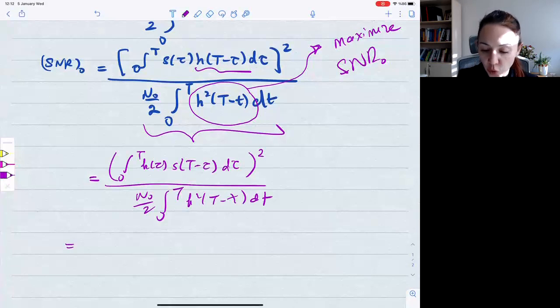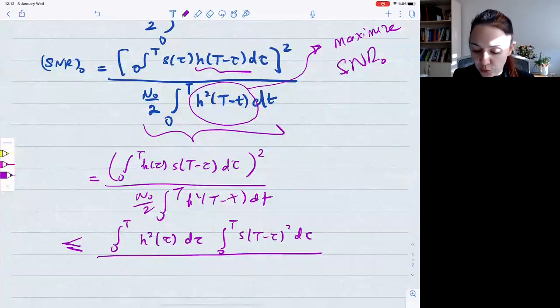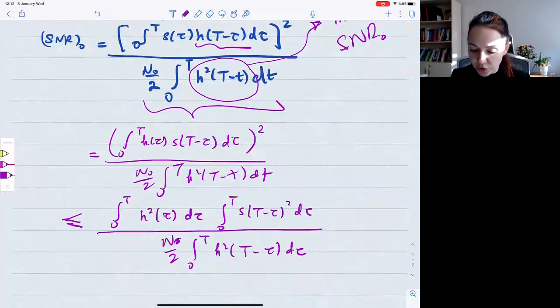Okay, so the numerator I'm going to upper bound using the Cauchy-Schwarz inequality: the integral from 0 to T of h squared of tau d tau, times the integral from 0 to capital T of s squared of T minus tau d tau, divided by the integral from 0 to T of h squared of T minus tau d tau. Notice that by a simple change of variables, you can show that these two are the same thing.